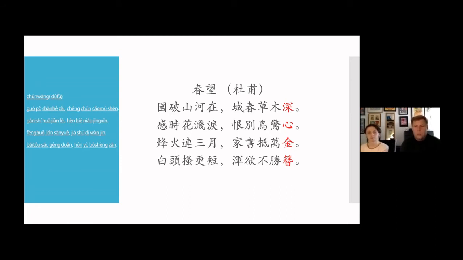Now, you could say, let's go back to the first line of each couplet and see if maybe they rhyme. Well, that's possible too, and you should do it. But that would come out to be more like joy and then lai, and then nuet, and then duan. So Du Fu's still violating the poetic rules.